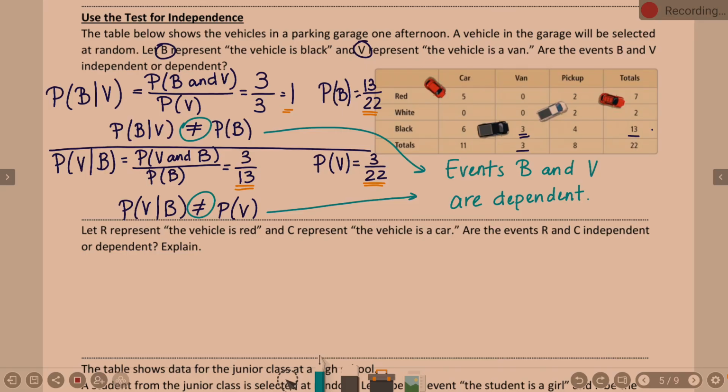Let's try one more variation here. Let R represent the vehicle as red, and C represent the vehicle as a car. Are the events R and C independent or dependent, and explain?